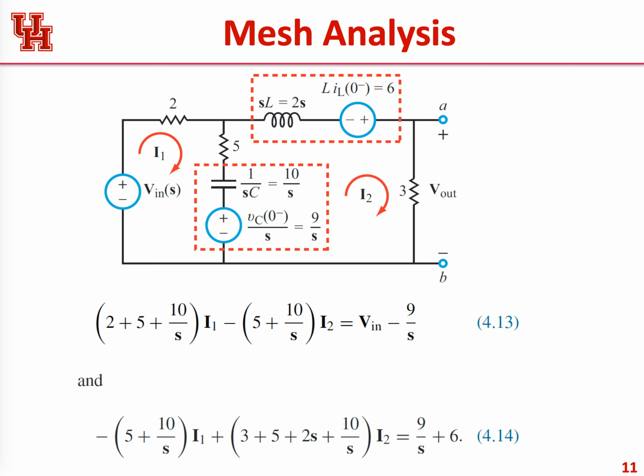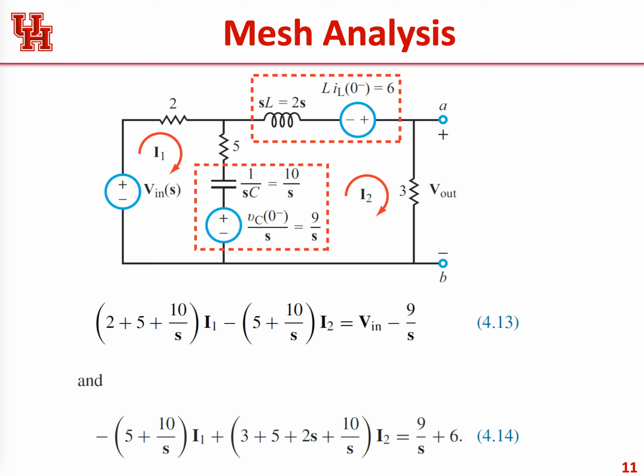And then I'm going to subtract 9 over S. And this voltage corresponds to the current I1 times, so let me write down first the sum of all the impedances. I got 2 ohms here, and I got 5 ohms here, plus 1 over 0.1 S, which is the same as 10 over S, times I1. So that's all the currents flowing in this direction.